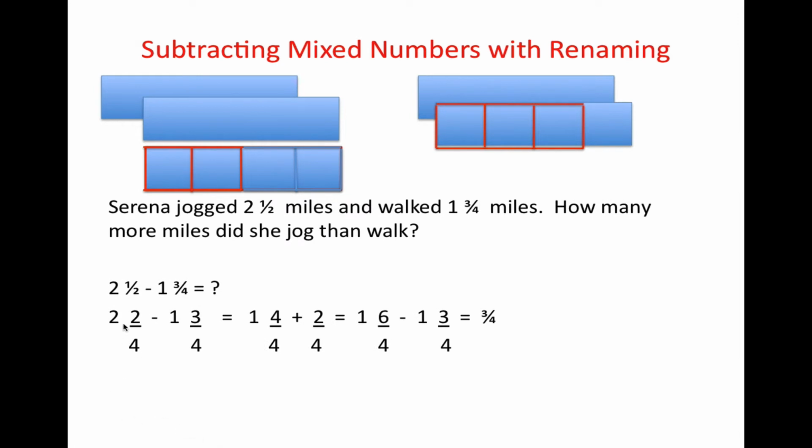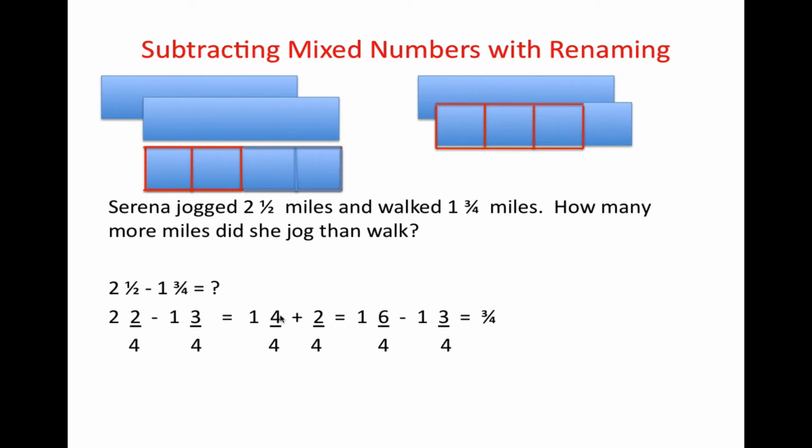Okay, let's take a look at it. So we have 2 2/4 minus 1 3/4. And what we're going to do is take that 2 and take away one of them. So this number becomes 1. And that other 1 that we took away is 4 over 4. What does 4 over 4 equal? It equals 1, that's right. So we still have 2 here, but we've expressed it differently.